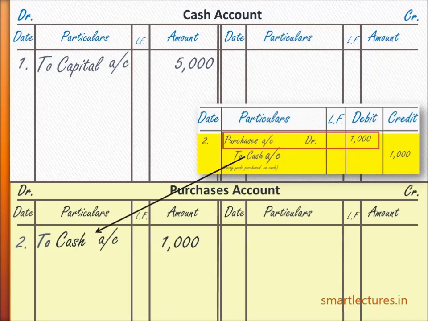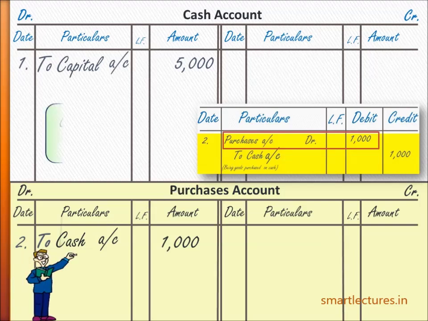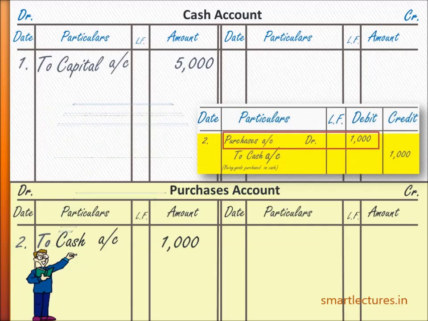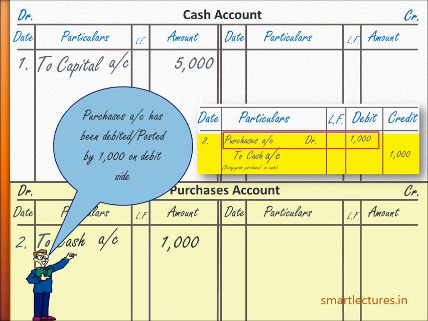You know, on the debit side, on the left hand side in the ledger posting, you have to start the narration with 'To', and on the credit side, you have to start the narration with the word 'By'. So purchases account has been debited by rupees 1,000, or you can say the purchases account has been posted by rupees 1,000 on the debit side. Whatever phrase you like.